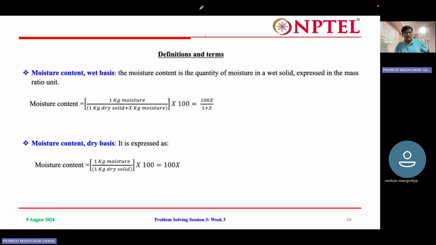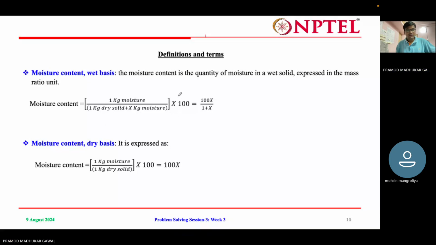So here is a definition of terms. The moisture content on a weight basis is expressed in mass ratio units. Moisture content equals 1 kg of moisture divided by 1 kg of dry solid plus x kg moisture, into 100, equal to x. So here 1 kg of moisture is x, so 100x divided by 1 plus x.